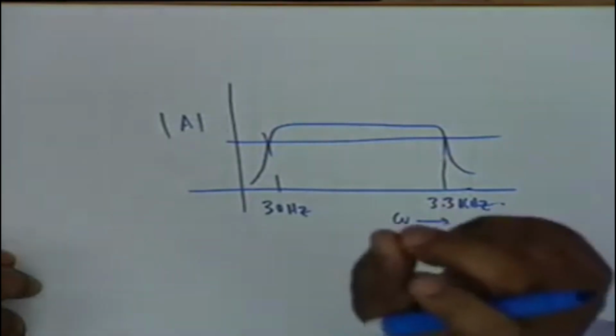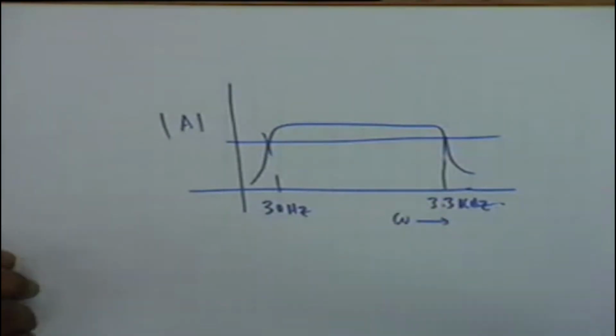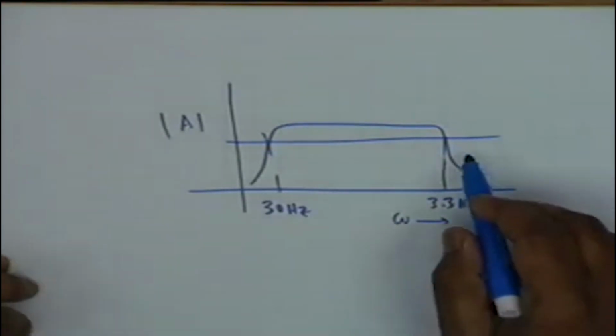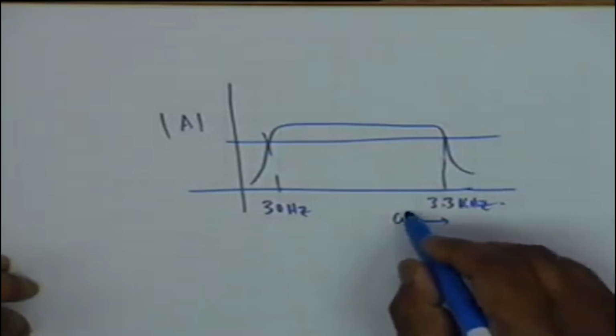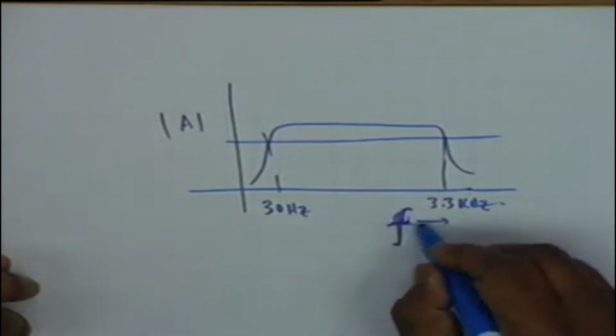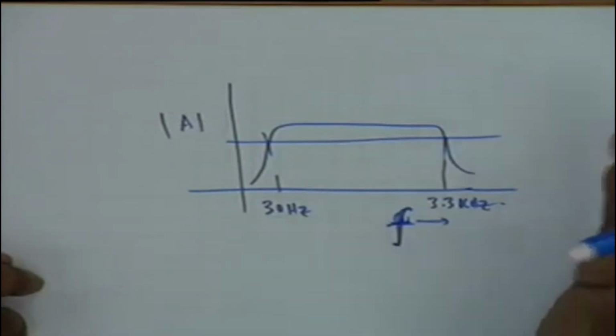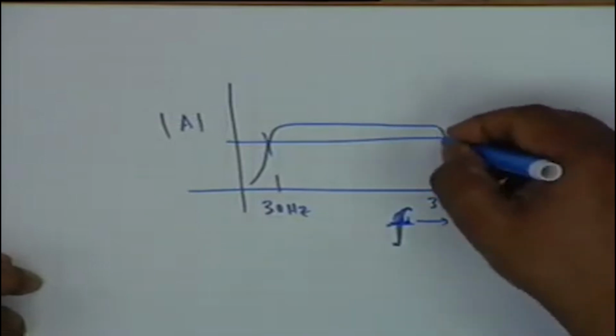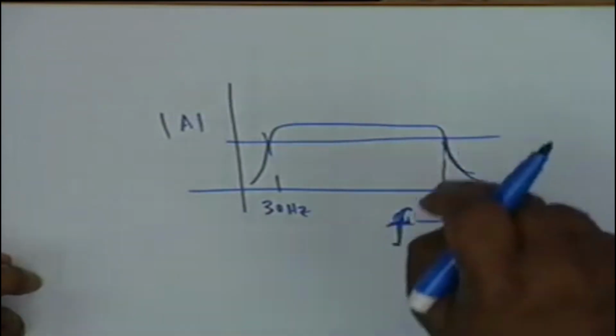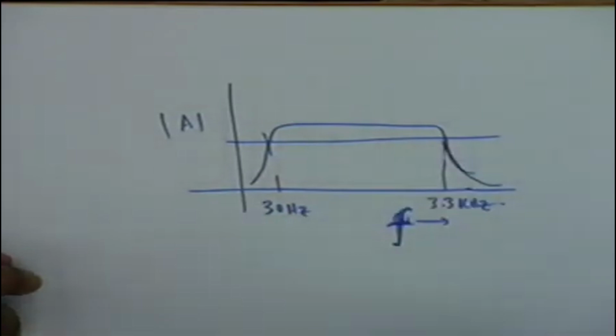Then obviously if it is the full band audio, such an amplifier cannot reproduce the full audio, that is beyond 3.3 up to about 16 kilohertz. The gain has come down. Obviously this is also going to produce distortion.